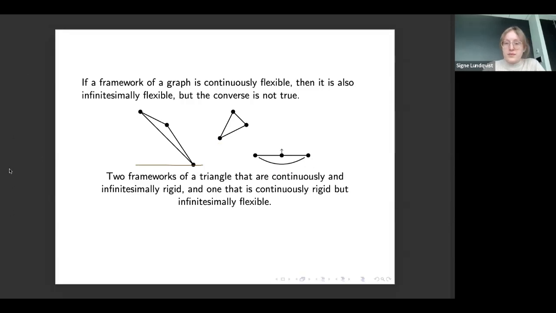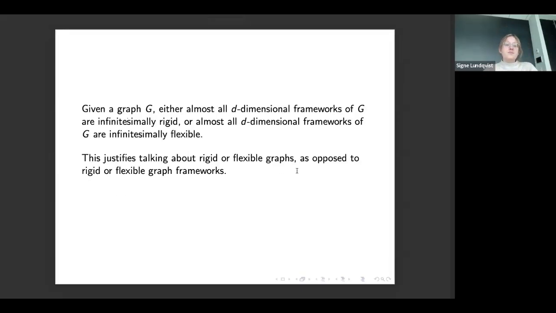Okay. But the framework where all three vertices are collinear is kind of special, and that intuition is kind of true. So given a graph, either almost all of its d-dimensional frameworks are infinitesimally rigid, or almost all of its d-dimensional frameworks are infinitesimally flexible.